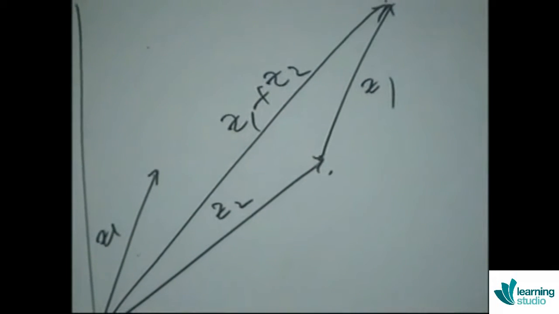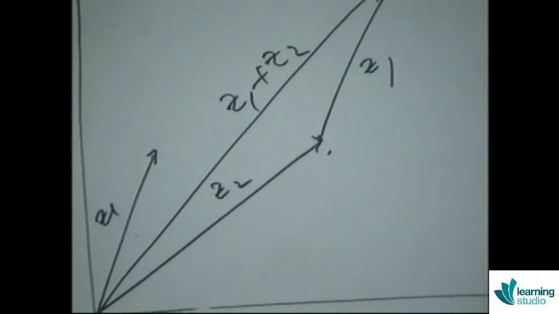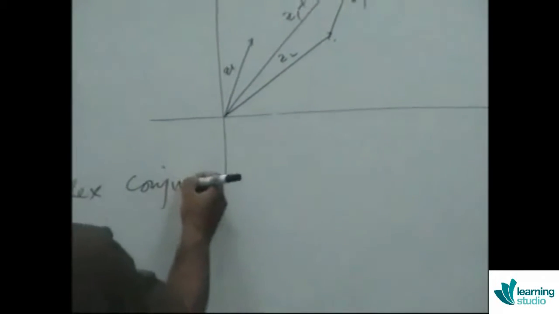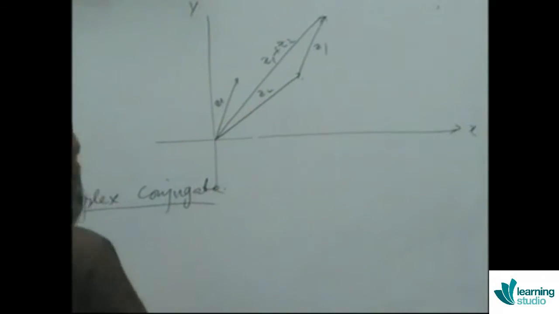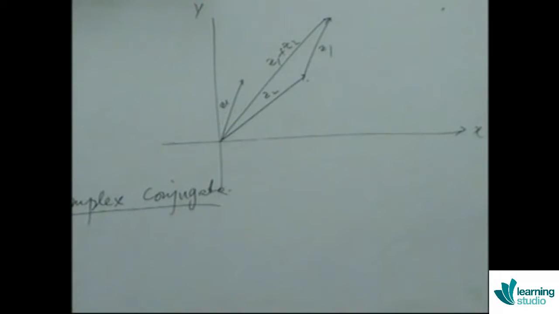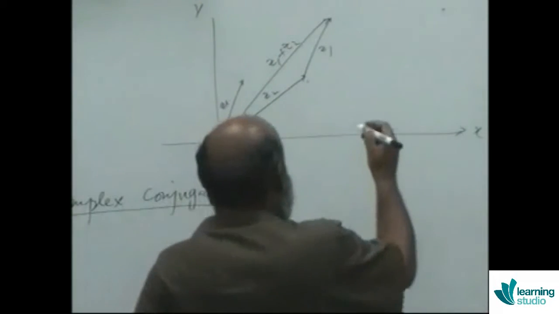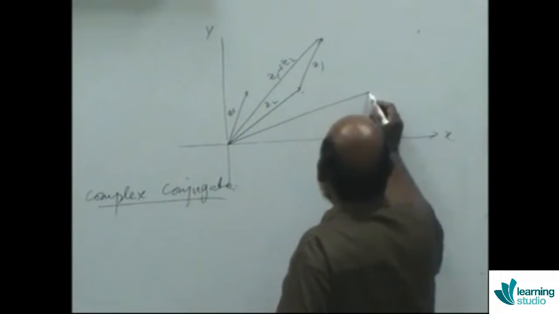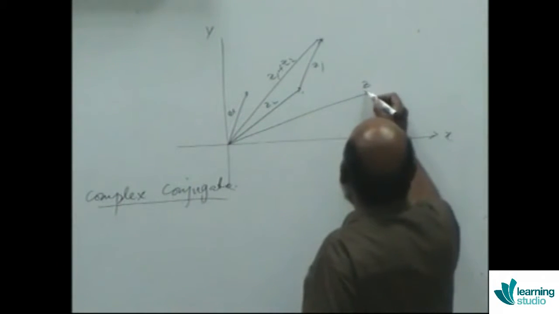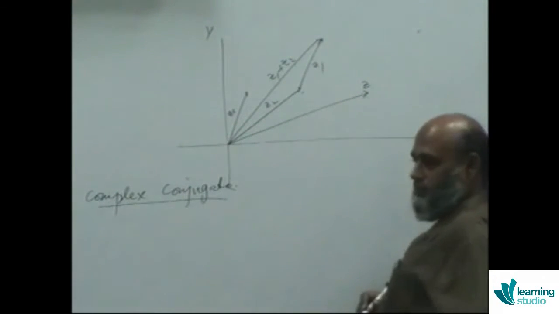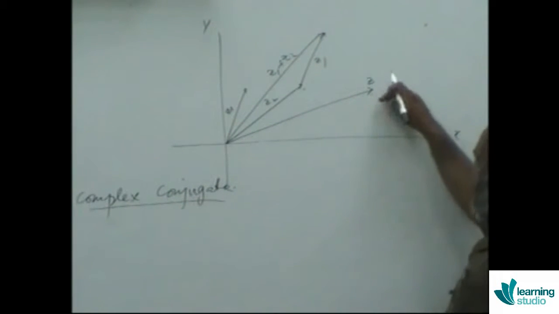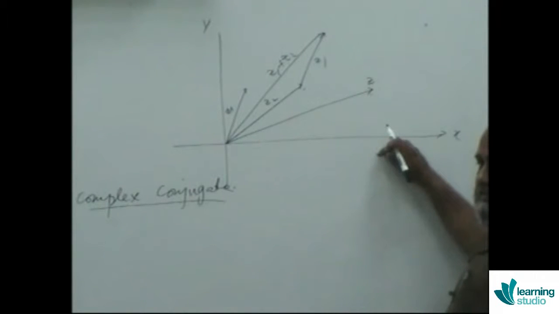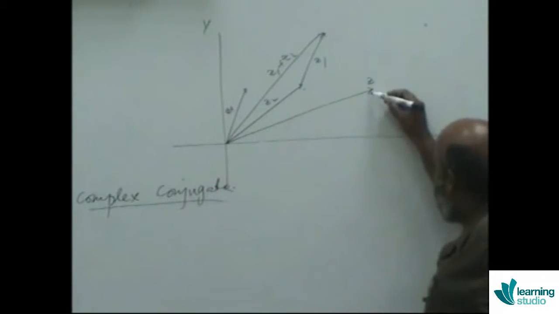Then complex conjugate. Complex conjugate is just a reflection. For example, say this is z, a complex number, then its reflection in the x-axis is this.